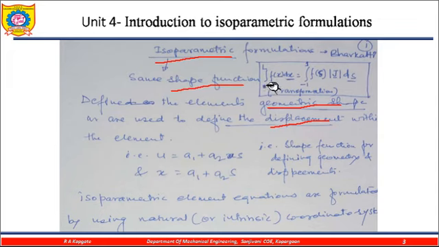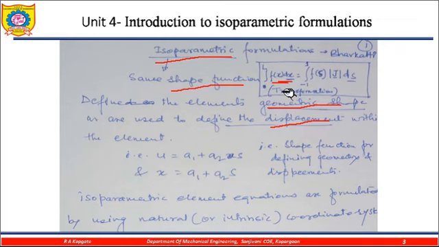Mathematically we could say that the integration from 0 to L of function of x dx, so this is my global coordinate system, is equal to the integration from -1 to 1 of function of s multiplied by Jacobian multiplied by ds. This is the transformation.